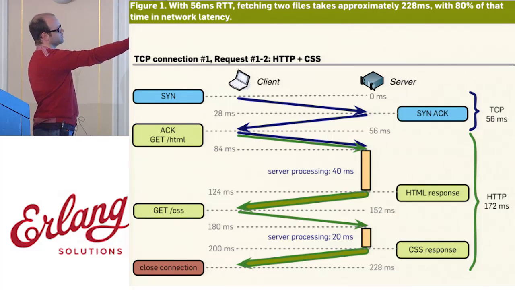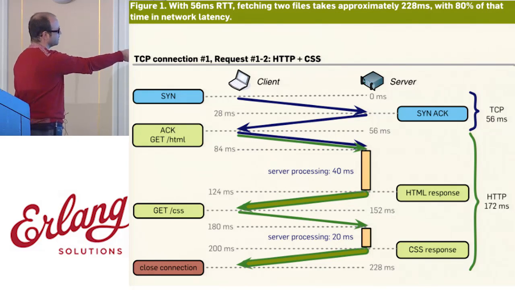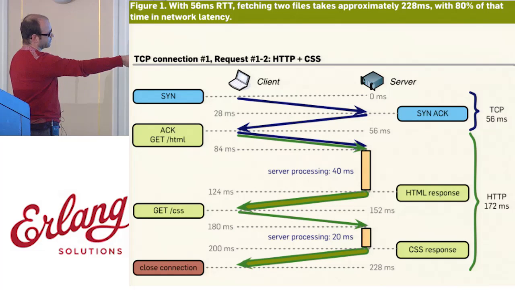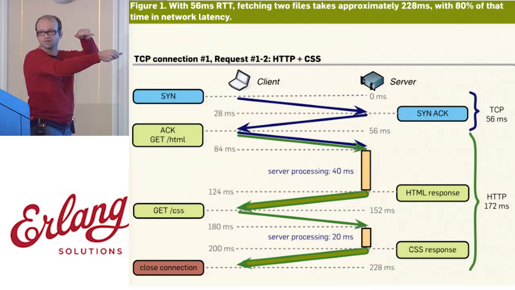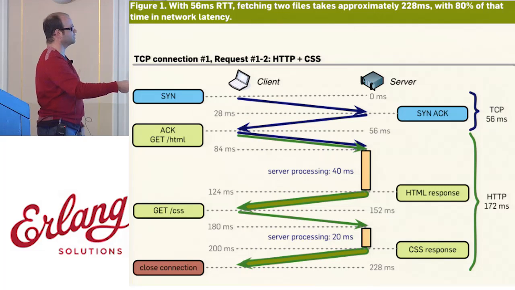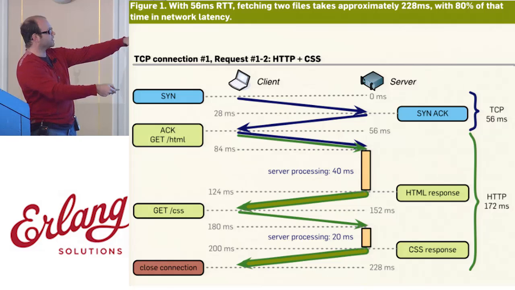If the server acknowledges, the client sends a request saying, here, I want to get the CSS resource on the HTML path. The server process takes some time. During that time your client is waiting, and it can be 40 milliseconds.